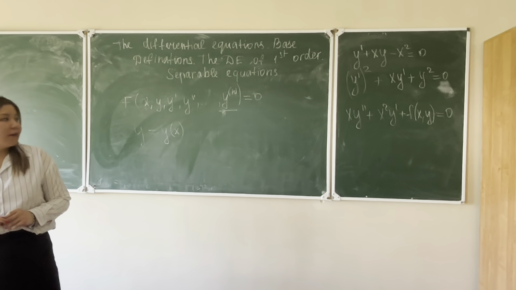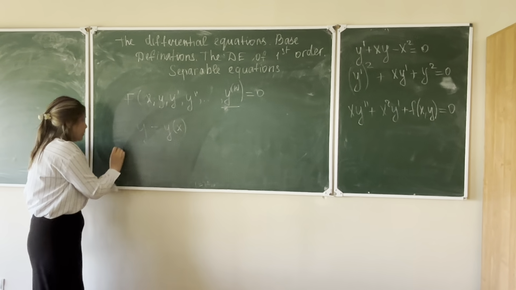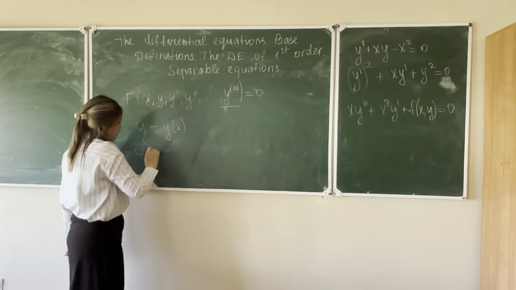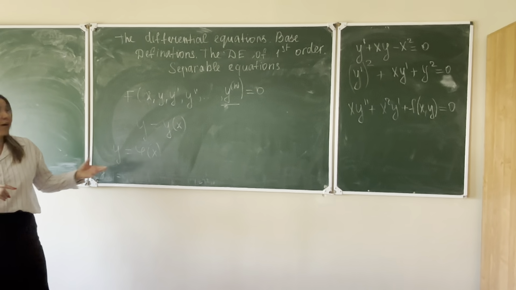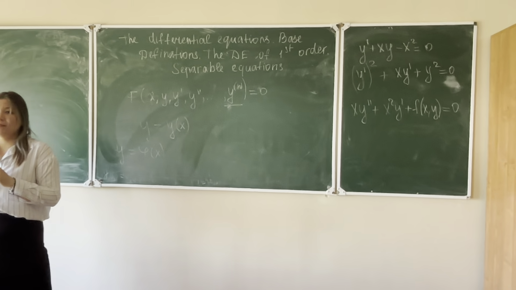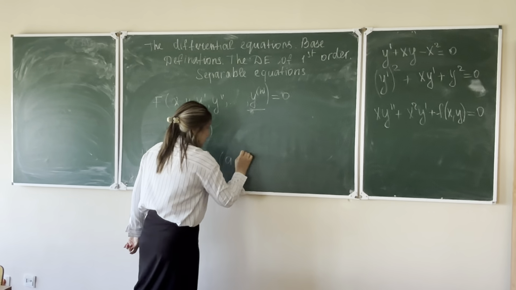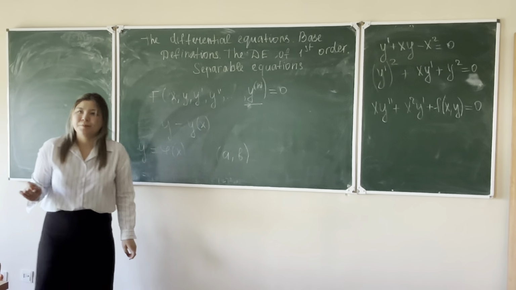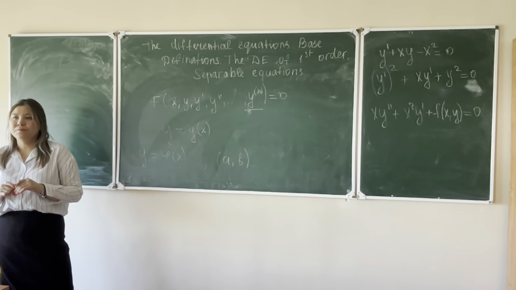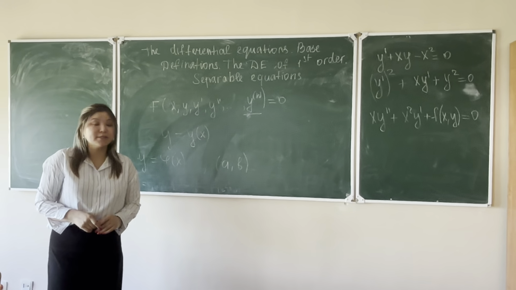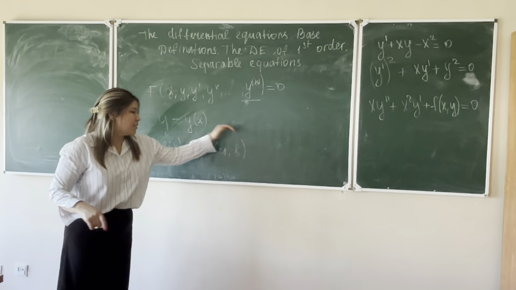A function y equal to phi of x is called a solution of the differential equation on the interval a to b if substituting it into the equation gives an identity for all x from this interval.